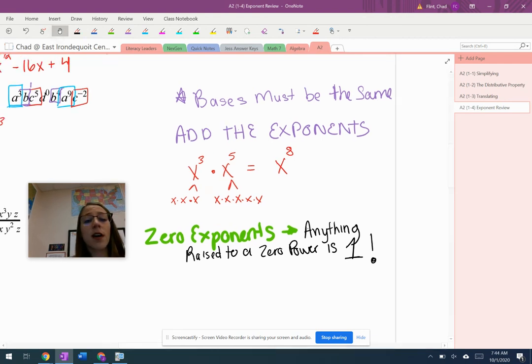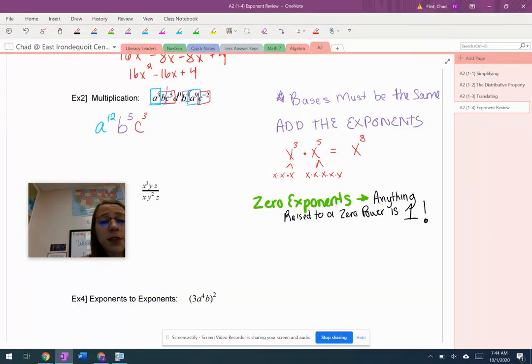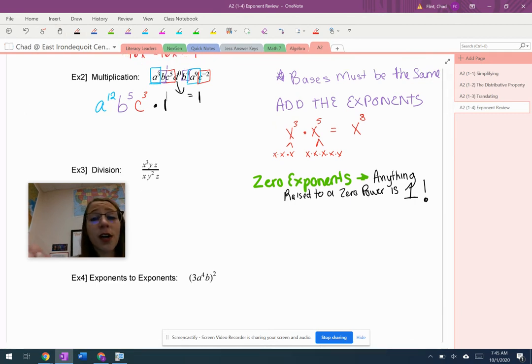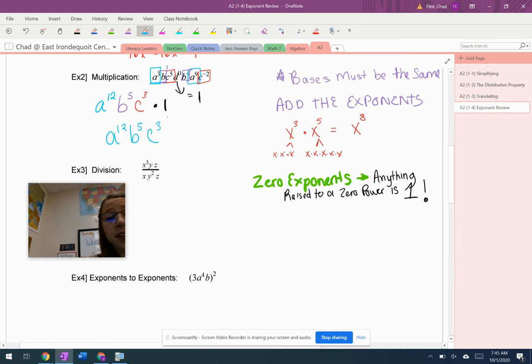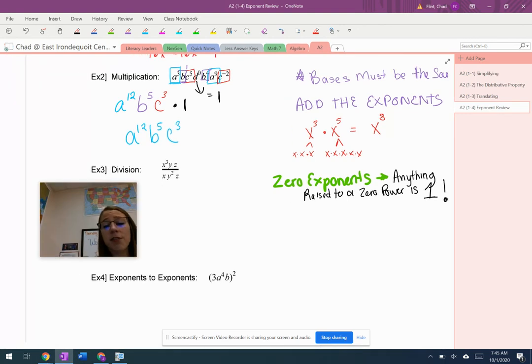Always. So that means that this d piece just turns into a 1, which when I multiply all that stuff by 1, it doesn't really do anything. So my final answer is just a to the 12th, b to the 5th, and c to the 3rd. Simplified. Let's take a break and we'll do the other examples in a different video.